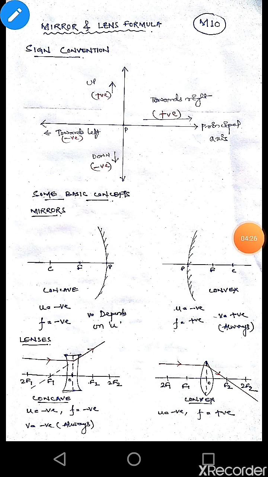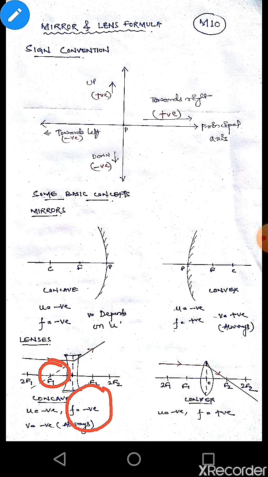But you must understand which focus is required in which kind of lens. If we consider concave lens, which is also known as a diverging lens, whenever a ray parallel to the principal axis passes through the lens, it diverges away, and if you trace it back, it will pass through f1, and the f1 is on the left side of the optical center, and that is why the focal length is negative.